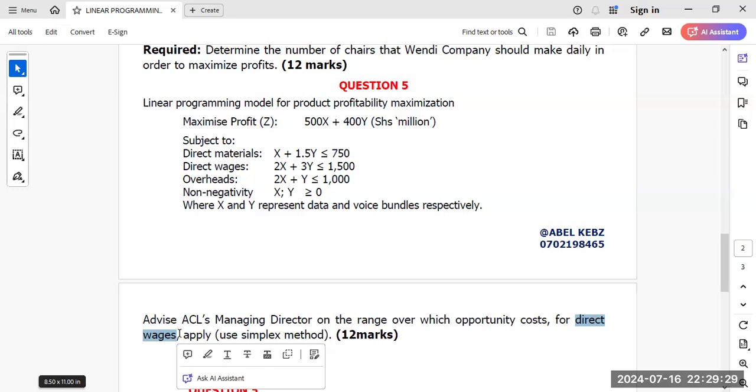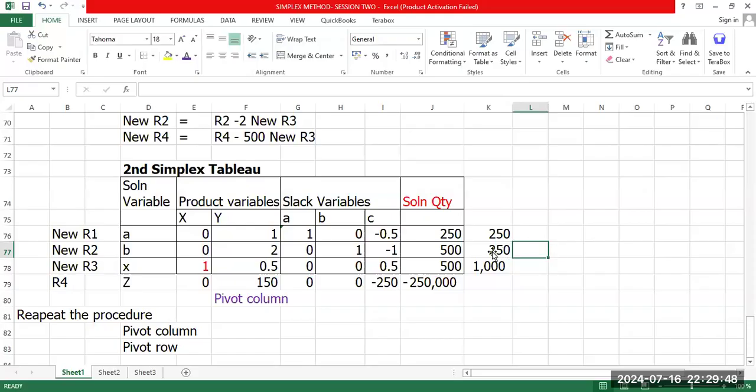Direct wages is in which row? This is row 1, this is row 2. So you will come back here, and this row 2 will be your pivot row.